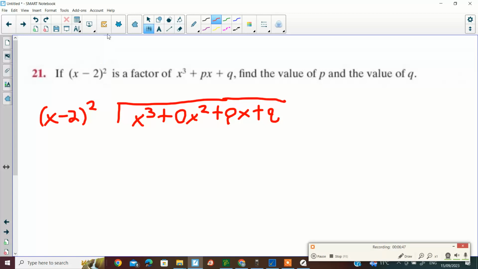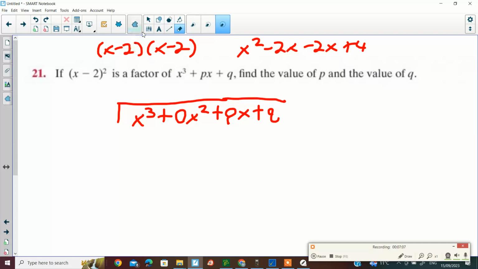I'm going to multiply that out because I've never divided by a square in a bracket before. So what do we get when we multiply that one by that one? Yeah. Okay, so you're all with me there. Okay, so x squared minus 4x plus 4.